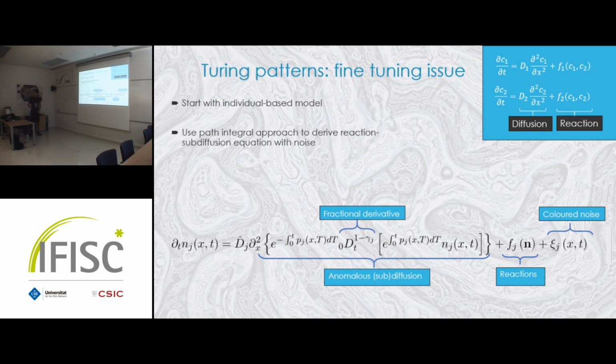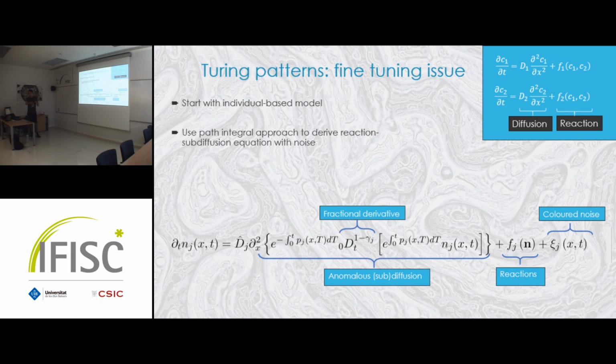Sorry, I got lost. Which is your individual-based model that gives rise to this? So you'll have particles, and we've got two types of particles. Locally, they interact with one another in a stochastic manner, so you'll have certain reaction rates which will be dependent upon the number of particles that you have at a particular site.